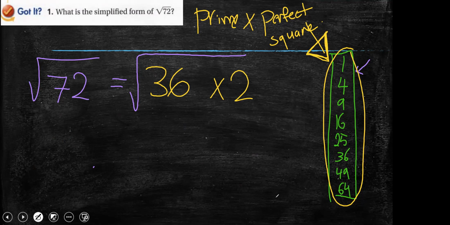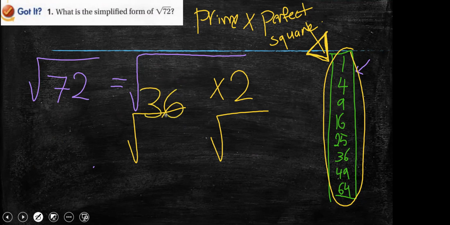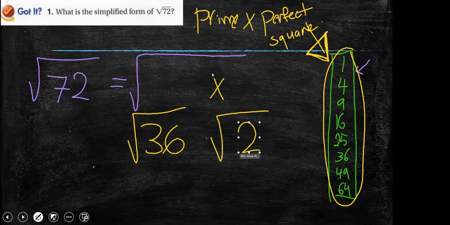Then after that, I will talk about it later on. Now after that, I will write this square root. Since I have 2 numbers, I must write 2 square roots. Then I will take this 36 and write it here, and take this 2 and write it here, and take this multiplication down.